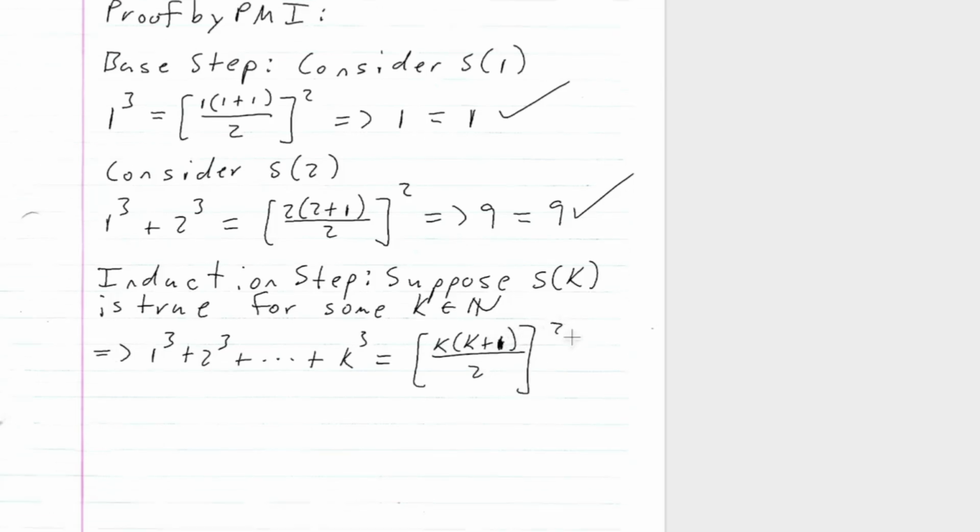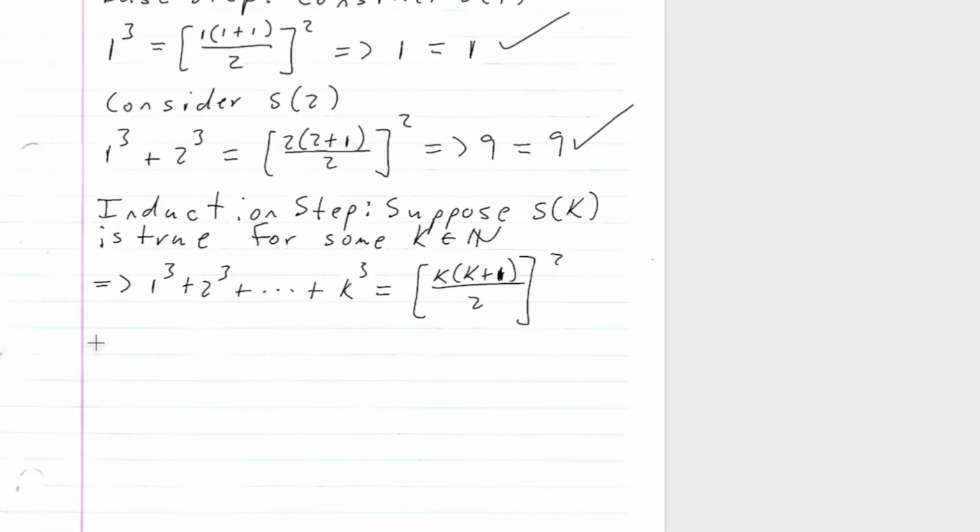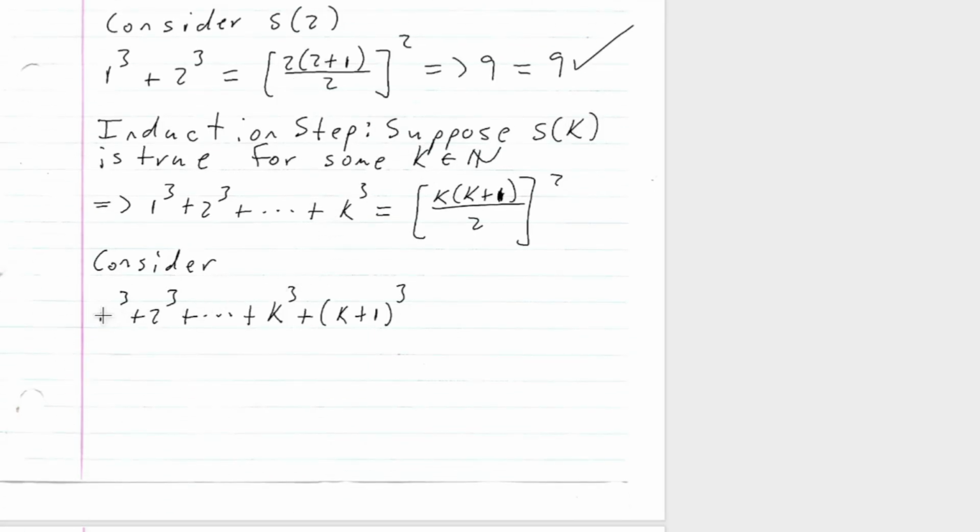Right? So now we're going to consider 1 cubed plus 2 cubed plus dot dot dot plus k cubed plus k plus 1 cubed. Because assuming that it works for the statement involving k, so the sum of the first k terms is equal to this formula, we want to prove that the sum of the first k plus 1 terms is equal to the formula if we were to plug in k plus 1.